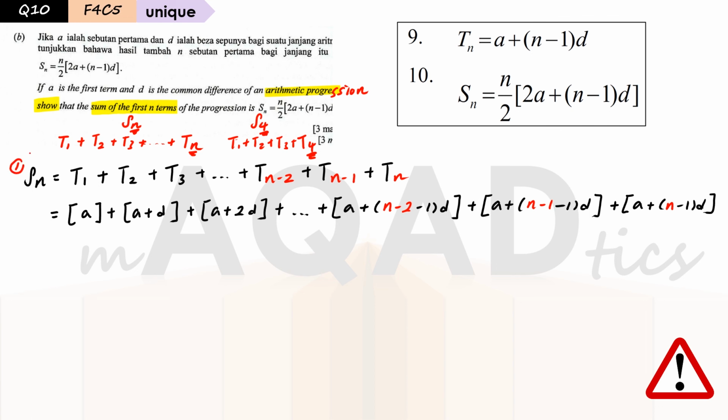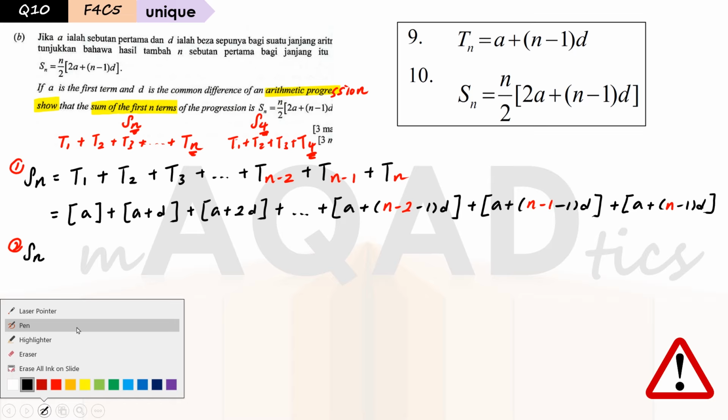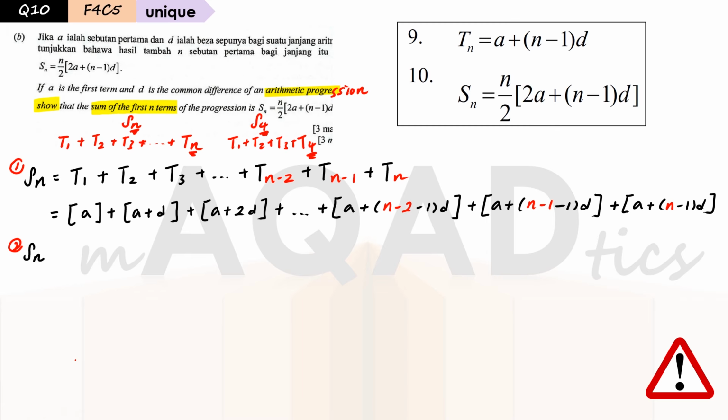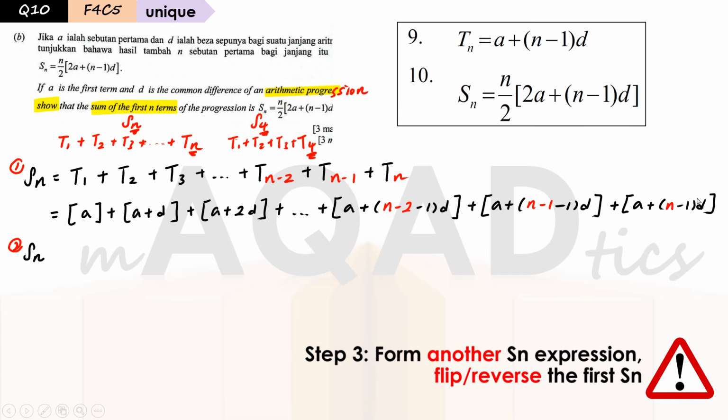So now let's form another expression of Sn, but this time we don't need to do so many workings like in the first expression. Right? We don't need to do this t1, t2, t3, blah blah blah, to find the expression. What we need to do is quite simple, which is to flip the entire expression for the first Sn.